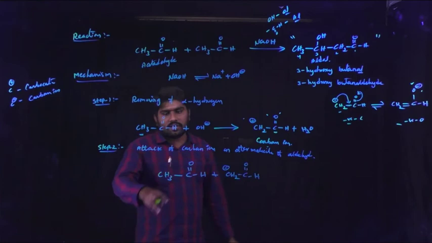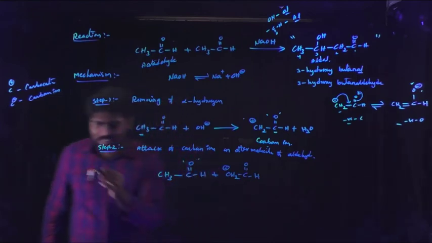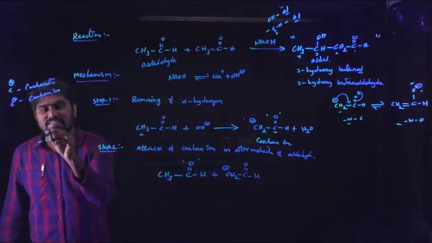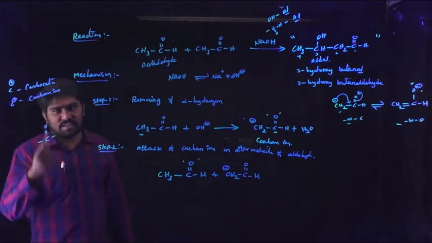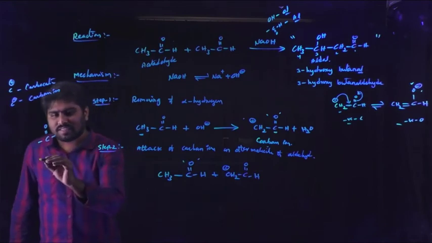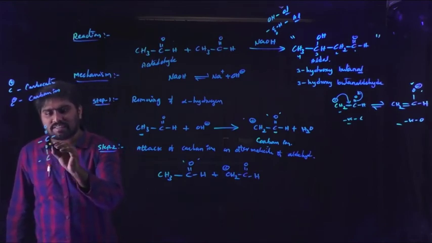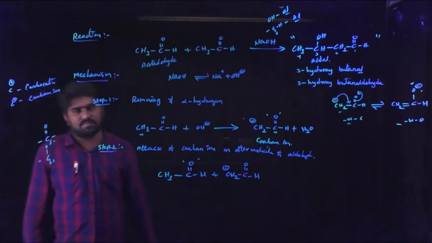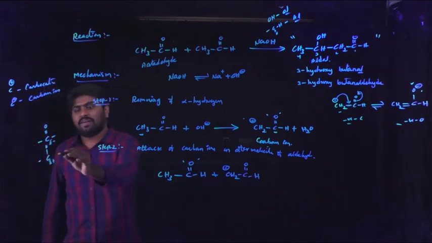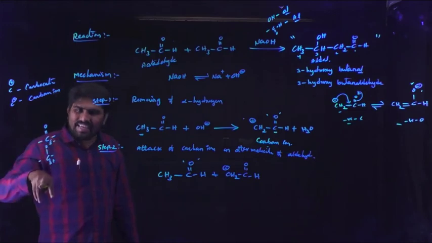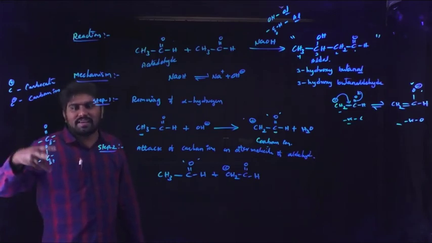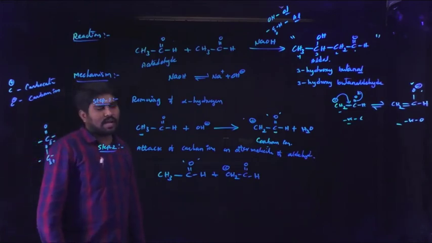This C double bond O is partially polarized because of the electronegativity difference of carbon and oxygen, so the double bond is readily polarized and produces partial negative and partial positive charges. When the attacking reagent comes, the double bond undergoes cleavage and the electrons migrate towards the oxygen atom.